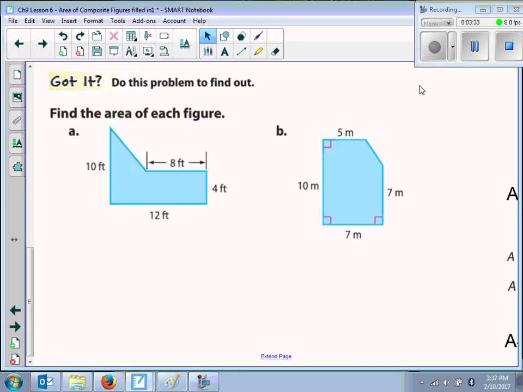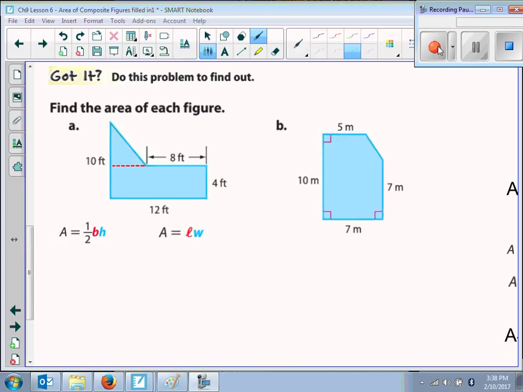All right, so here you can decompose the figure by separating it into the triangle at the top and the rectangle at the bottom. So now we know the formula for the area of a triangle, and we know the formula for the area of a rectangle.